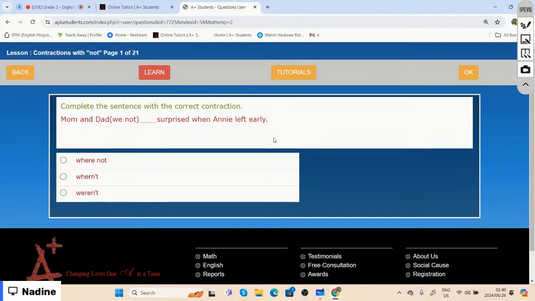So we need to look at the correct contractions. Is it were not, option one? Is it option two or option three? We need to choose the correct contraction.